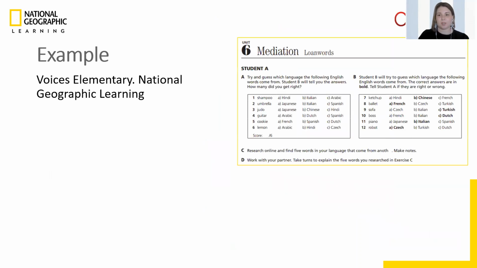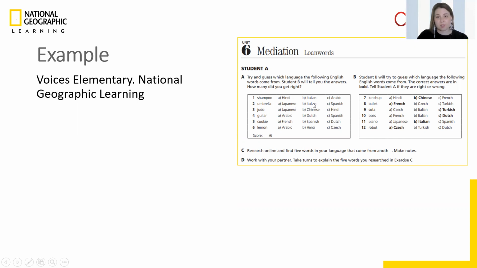So here we have such worksheets. Here you can see the worksheet only for student A, but the one for student B looks the same, but different words are in bold. Students have a card with six words, and then options related to the origin of the words.